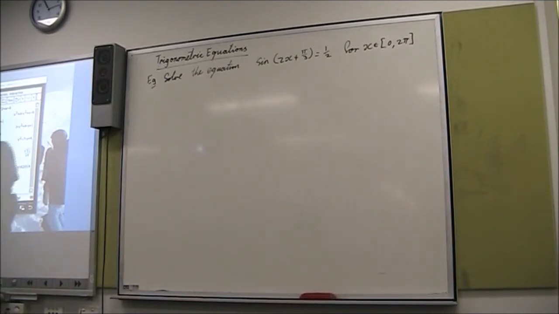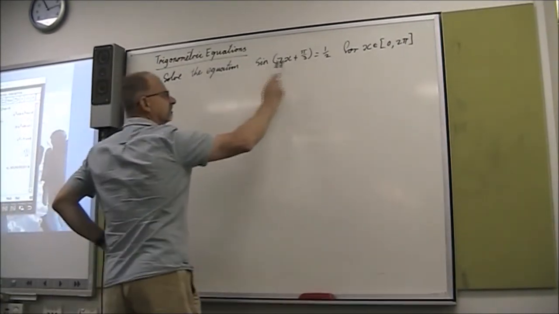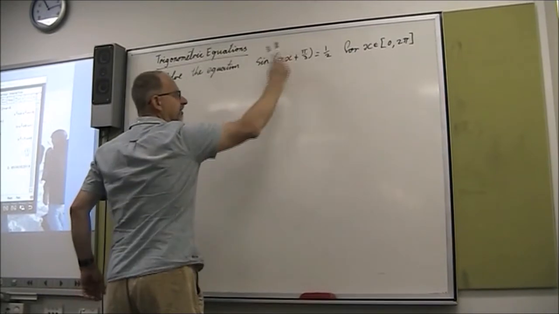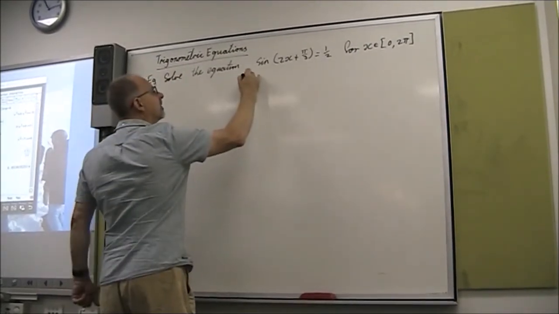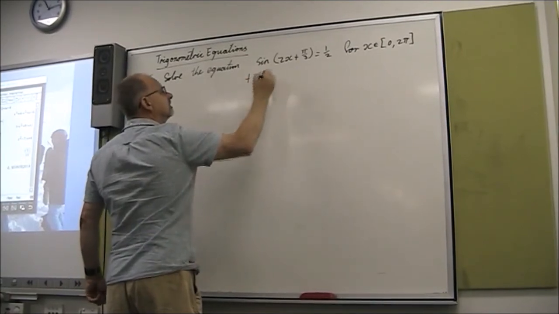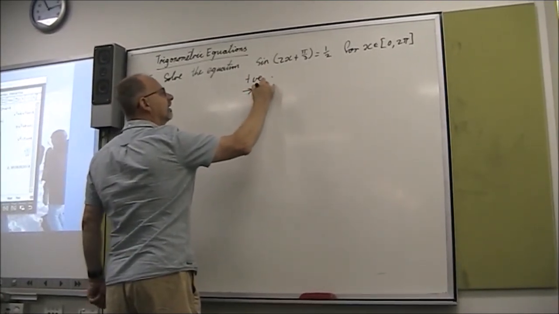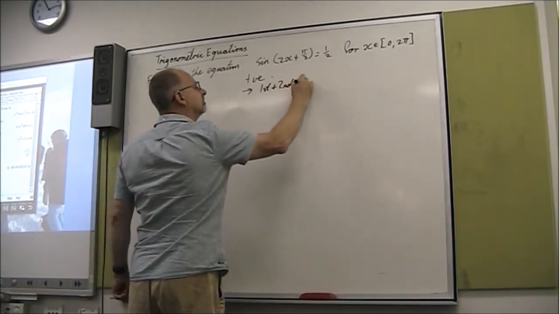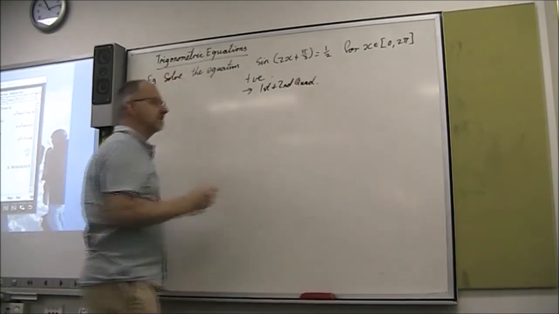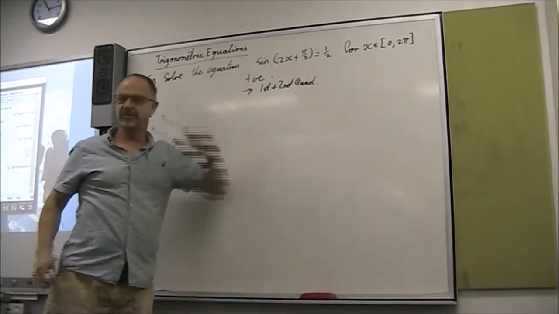All right. So there's a few bits and pieces in this. First of all, I'm looking at the sine of whatever this here is. It's a half, so it's positive. And what that indicates is that we're looking at the first and second quadrants, because that's where sine is positive.